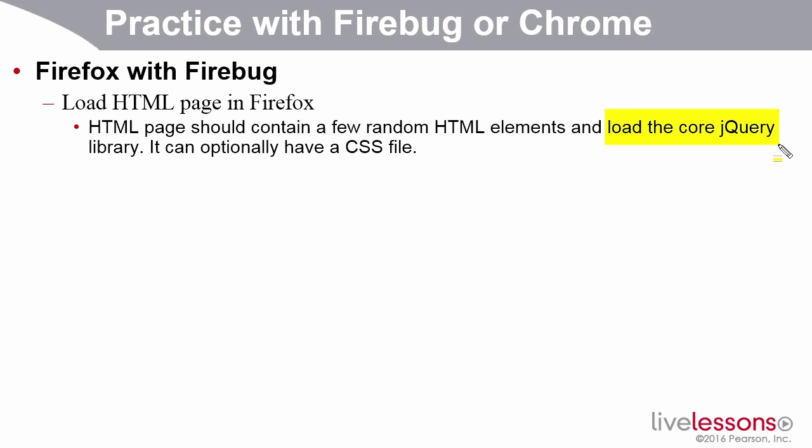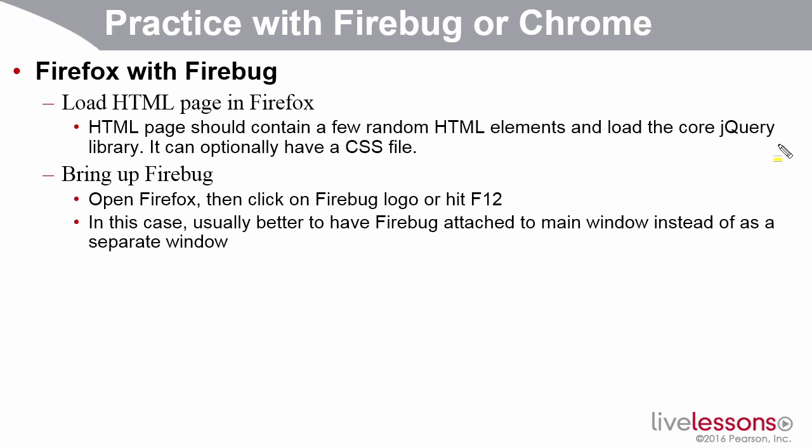So now when you bring up that HTML page in Firefox and then you launch Firebug, you can call not just standard JavaScript calls, you can also make jQuery calls. Not only can you make jQuery calls, but those jQuery calls are in the context of the page that was up when you launched Firebug.